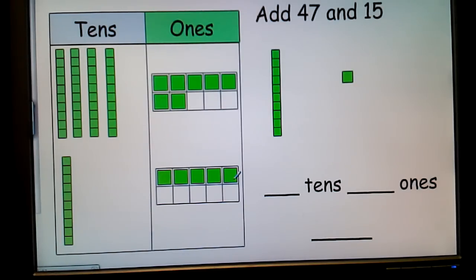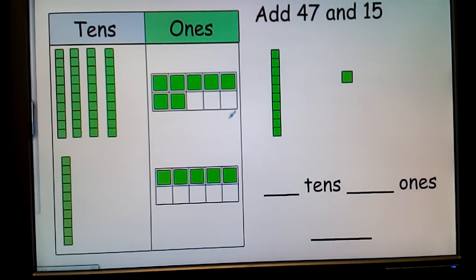The first thing I ask students, and help them remember, is that it's a lot easier for me to add and count longs or tens than it is for me to individually count ones or cubes. So using our 10 frames, which are these blocks here that make 10, I have students take a look and say, is there any way that I could regroup these together to make a long?